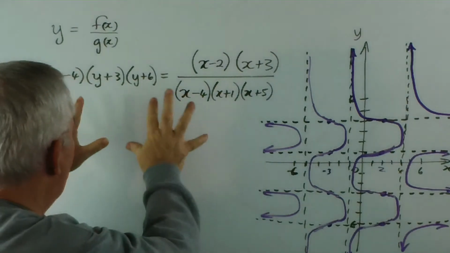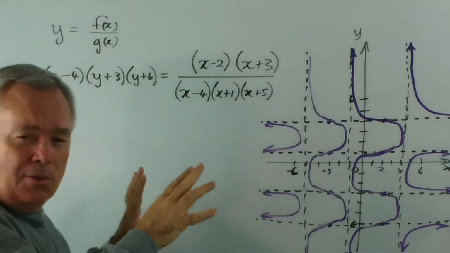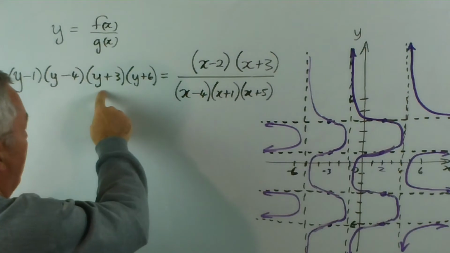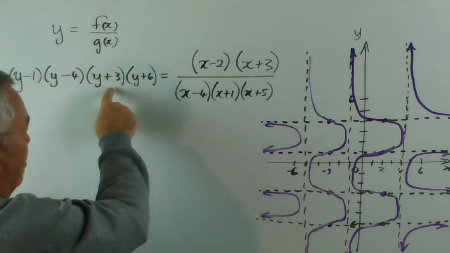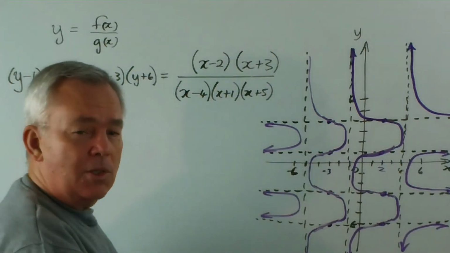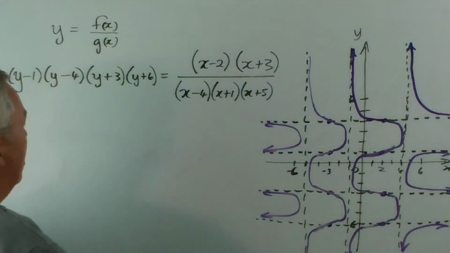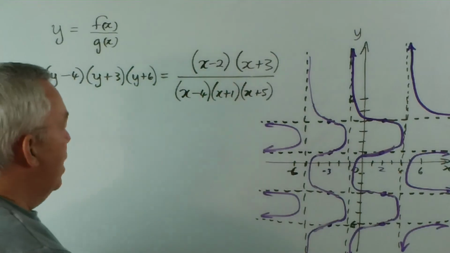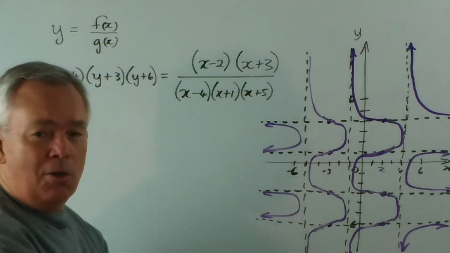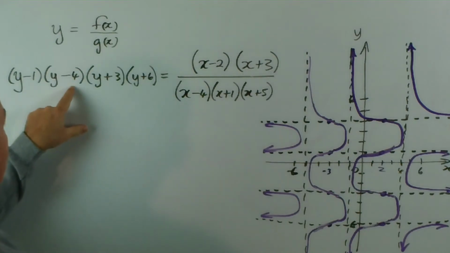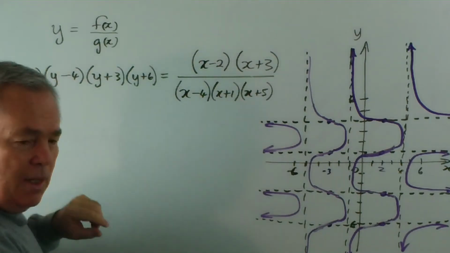Now you can explore, this is easy to experiment with. You could change one of these to y plus 2x. So suddenly you've got an oblique axis, oblique asymptote. Or one of them could be y minus x cubed, or x squared, y plus 2x minus 3.